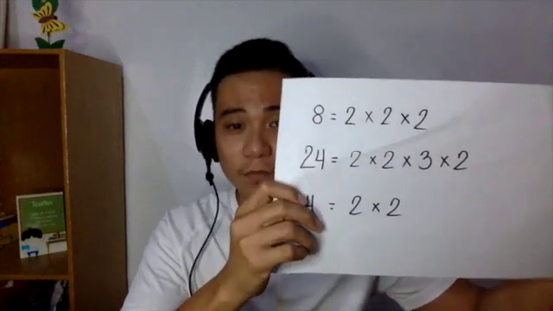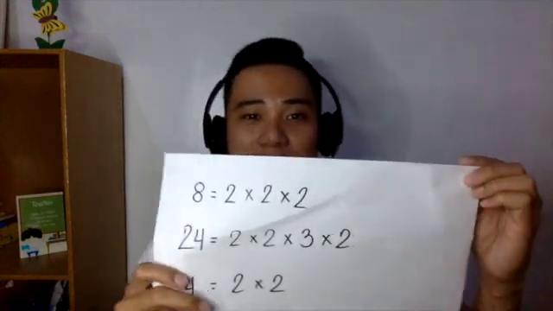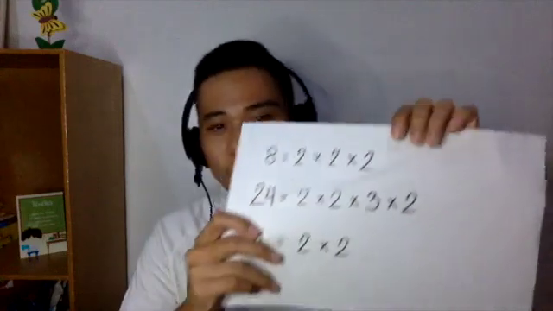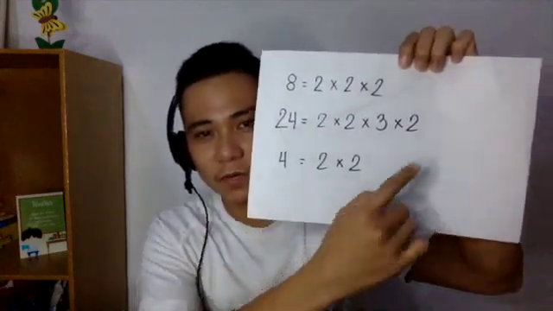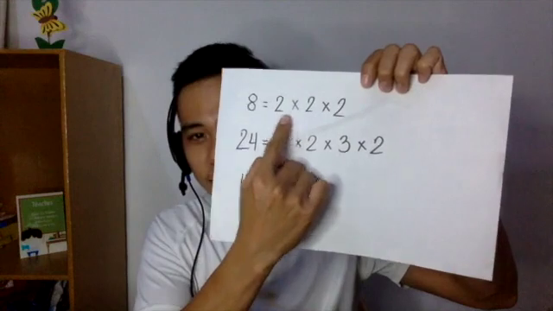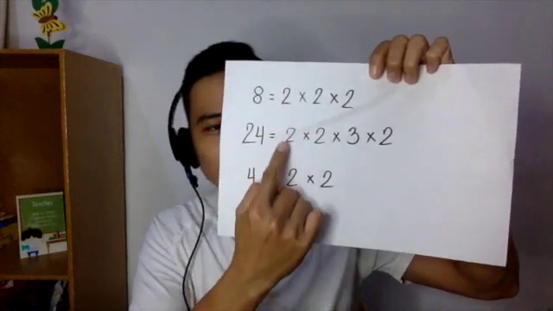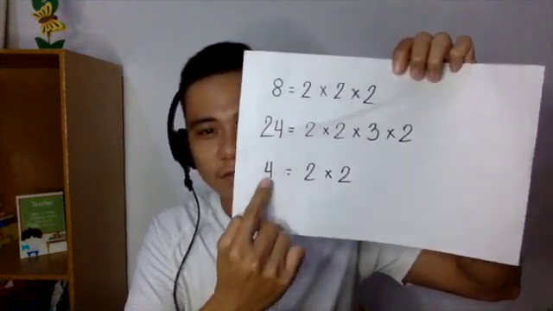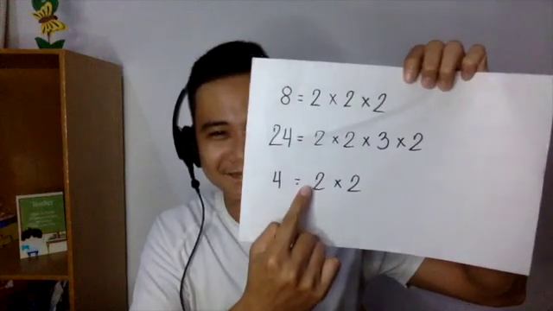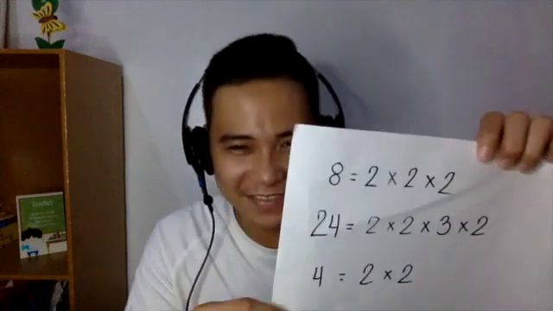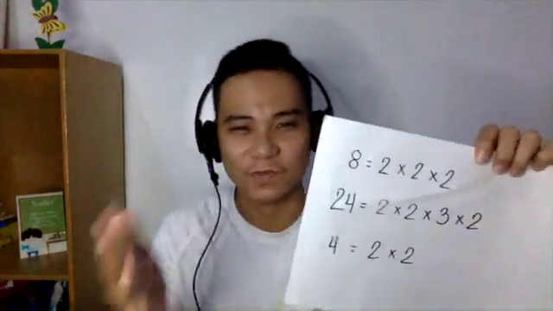That is 2. So the GCF of 8, 24, and 4 is 2.